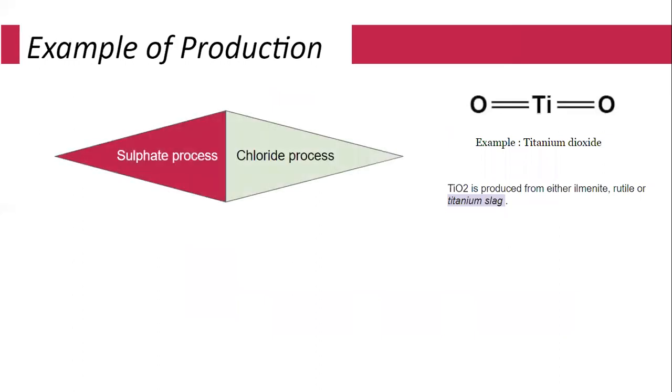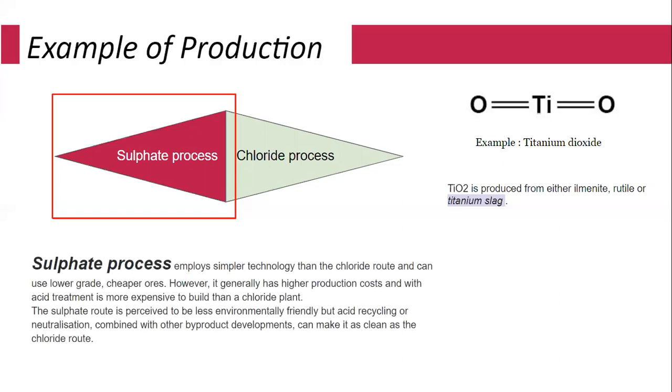Okay, so here we will take an example to explain our production. The example we take is titanium dioxide. For your information, titanium dioxide is produced from either ilmenite, rutile, or titanium slag. So there are two processes that can produce these pigments, and we will focus more on the sulfate process. The sulfate process employs simpler technology than the chloride route and can use lower grade ores.